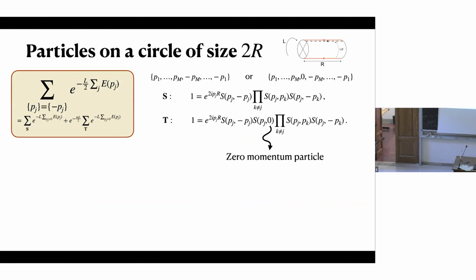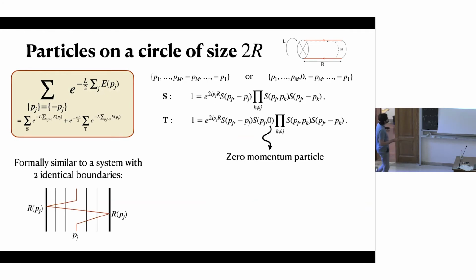Let's call them the first set S and the second set T. So the Bethe equations are of this type for this set of momenta, and for that set of momenta, it's of this type. So you include a zero-momentum particle. But then for each individual set, you don't have any constraint anymore on the set of momenta.